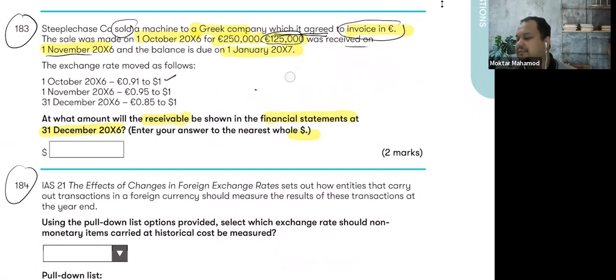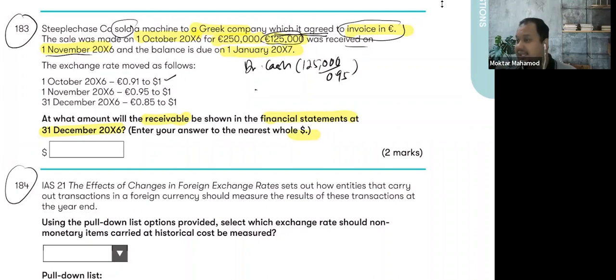So when it is paid by your client, meaning that you are going to debit cash amount, alright, which is based on the spot rate, or the rate when the payment was made, 125,000 euro divided by 0.95.